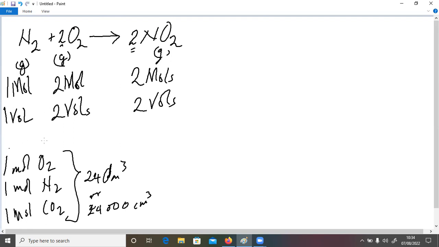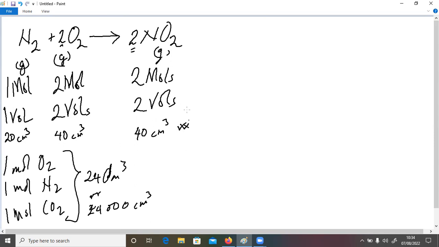In this case, if I reacted 20 centimeter cubed of nitrogen, I need to react it with 40 centimeter cubed of oxygen gas, and it will give me 40 centimeter cubed of nitrogen dioxide.